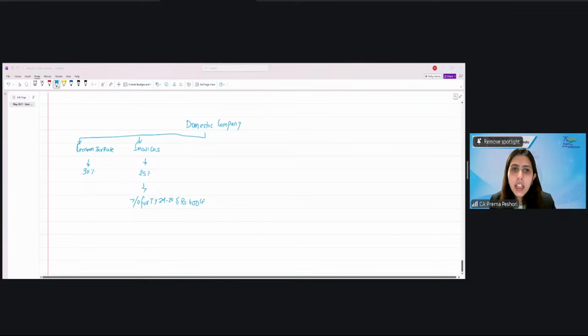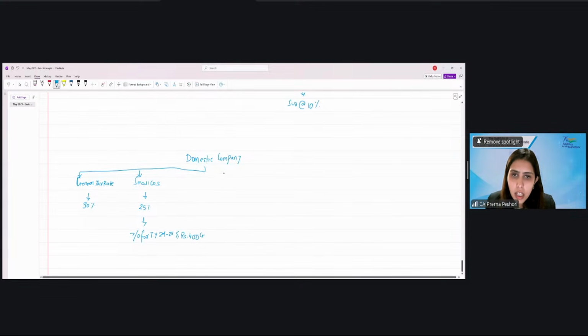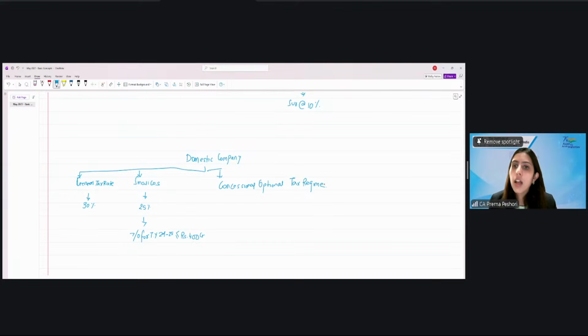Then they have the concessional optional tax regime.